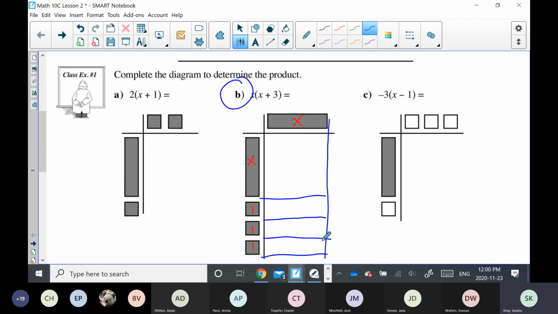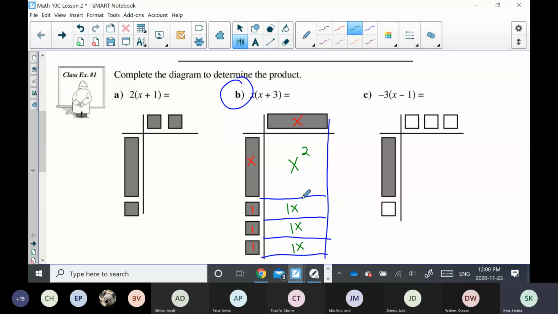So this is sort of a rough sketch, but what you should be able to see in here is that this is a big tile, right? And this would be an X squared tile, and it would be positive because X times X is X squared. These are rods, and there's 3 of them, and each of these would be an X. They would all be positive, and the reason is because an X times 1 is basically 1X.